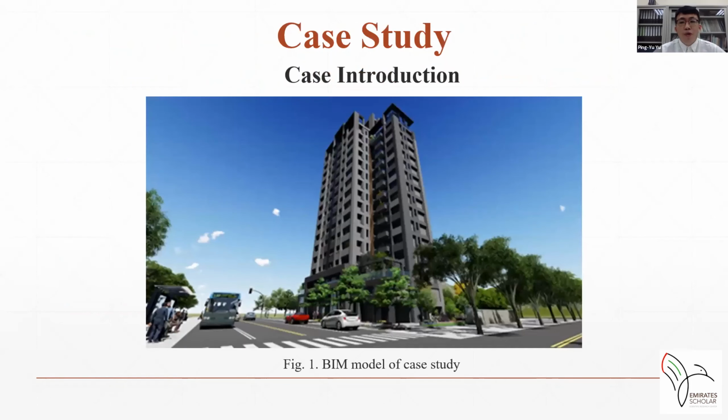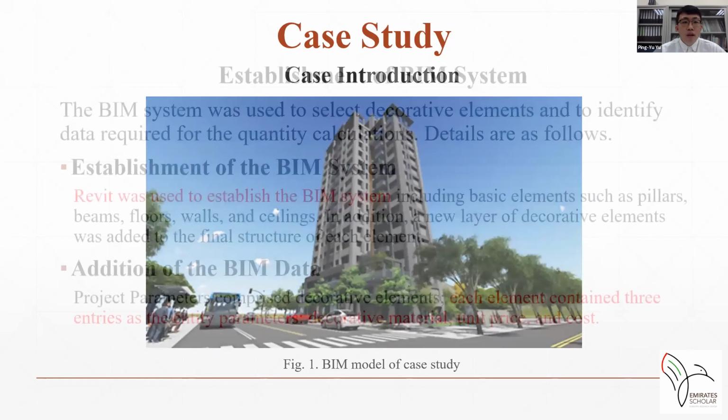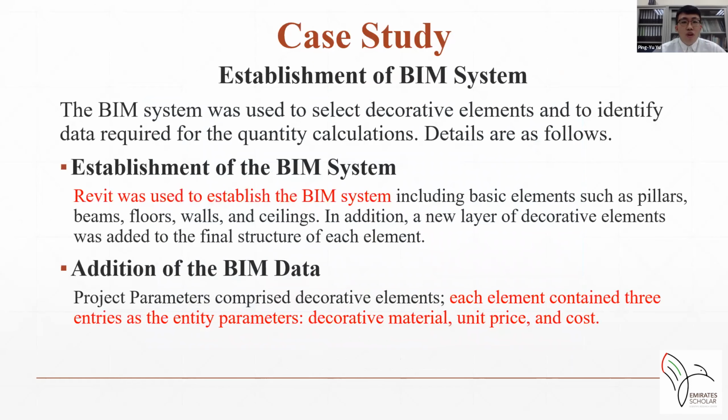A residential building constructed in central Taiwan was used to test the system in Figure 1. Establishment of BIM system. The BIM system was used to select decorative elements and to identify data required for quantity calculations. Details are as follows. The first point is establishment of the BIM system.